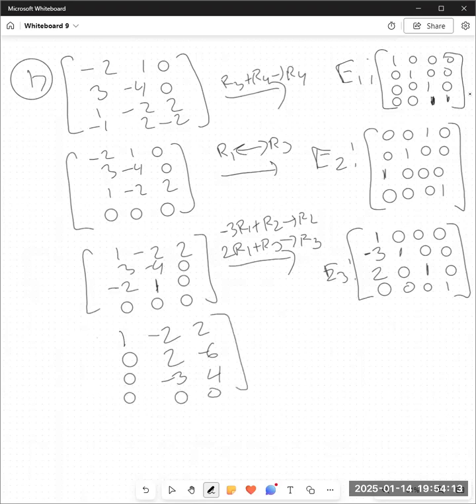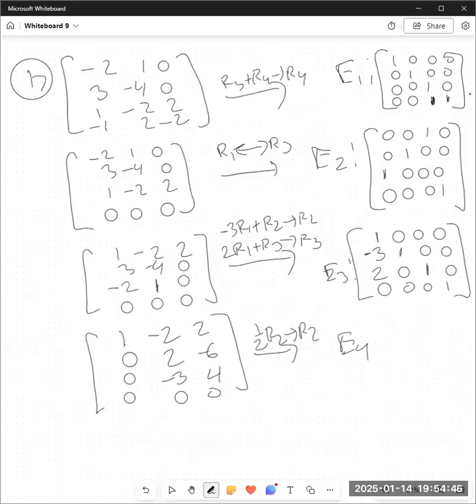Now I want to get a 1 here, and so honestly, I think the easiest way for me to do that is to get a -1 by adding row 2 to row 3 and then change the sign after that. Let's see if that's what I did. No, I just divided by 2. So 1/2 row 2 to produce a new row 2.